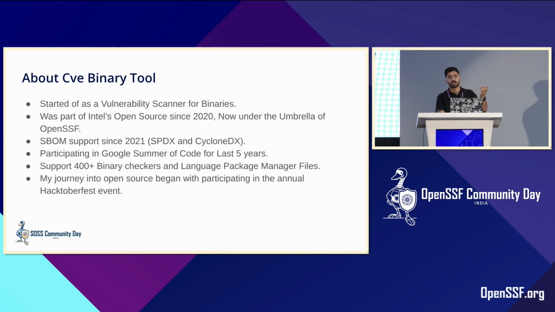People also use it to get a list of what components are present and discard the vulnerability reports being generated. And my journey of contributing to open source started with CVE tool in Hacktoberfest.